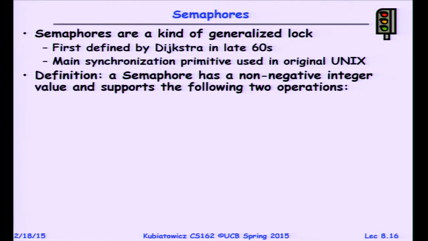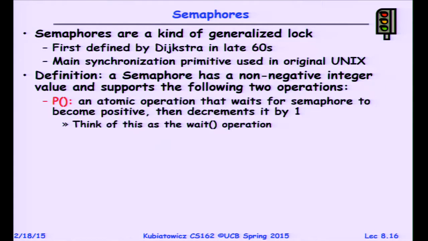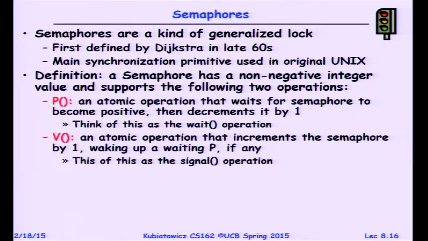It has a non-negative integer value and supports two operations and two operations only. One is P, which is an atomic operation that waits for the semaphore to become positive and then decrements it by 1. And V, which increments the semaphore by 1 and wakes up some waiting P if there are any. So you could think of this first thing like wait and the second thing like signal.